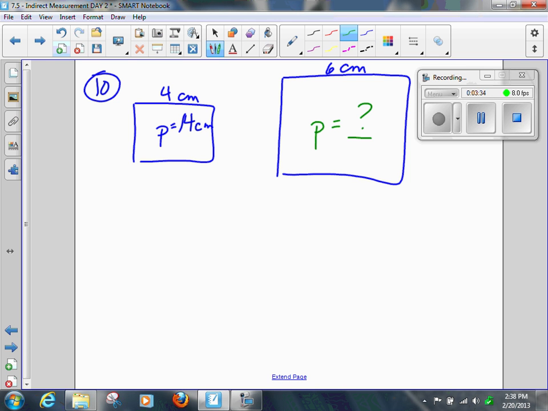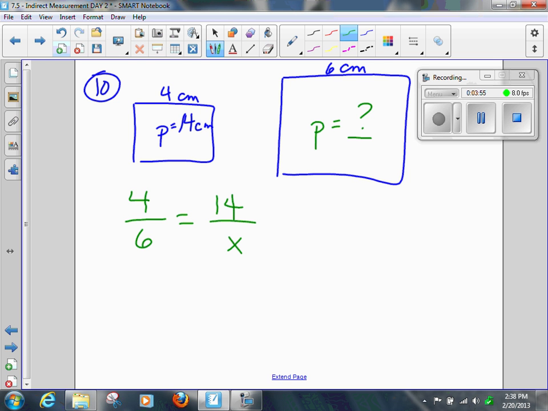Look at what we're given. Is there enough information in this problem where we can set up a proportion and solve? Okay, so how would I set it up? 4 over 6, because they correspond, is equal to 14 over x.